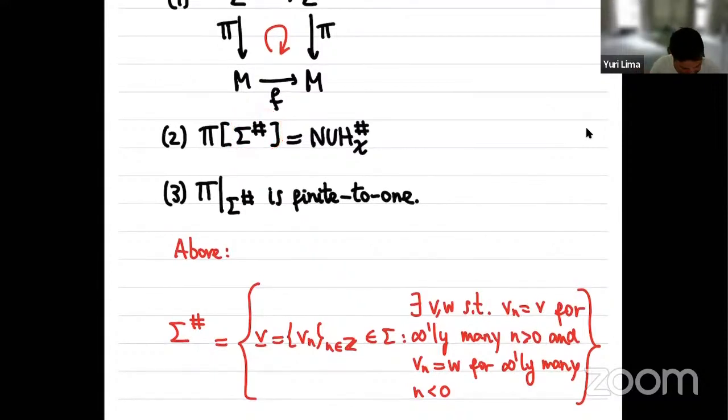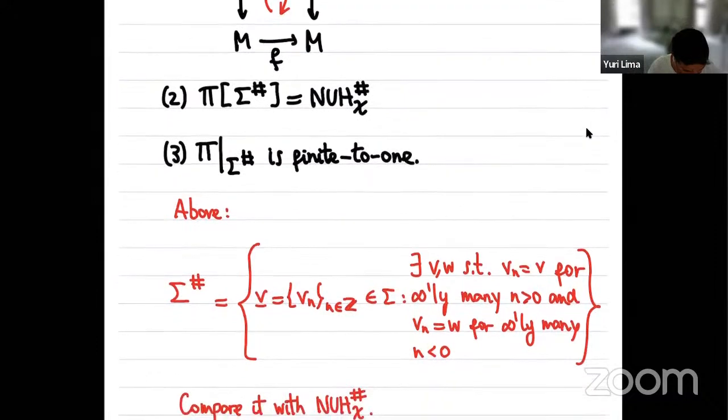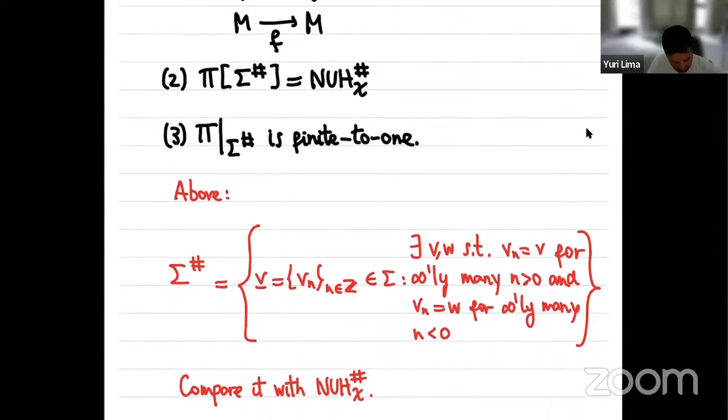A sequence is in this sigma sharp if you see the same symbol infinitely often in the future and the same symbol infinitely often in the past. So in some sense, it is a kind of recurrence assumption as well, a symbolic counterpart of this more complicated set NUH sharp.